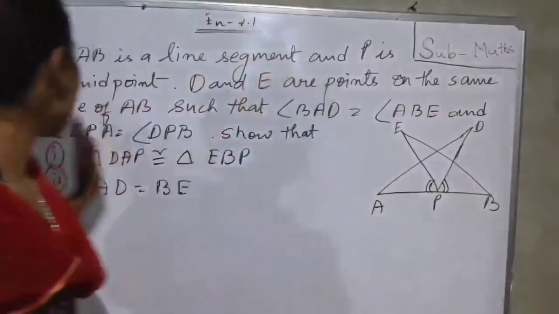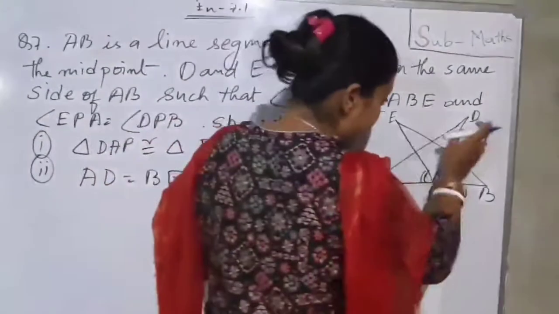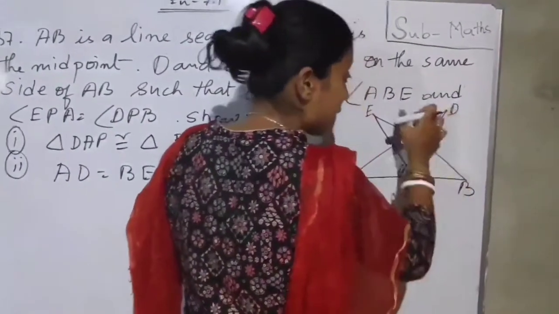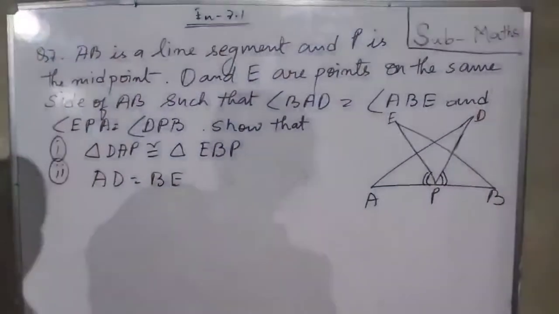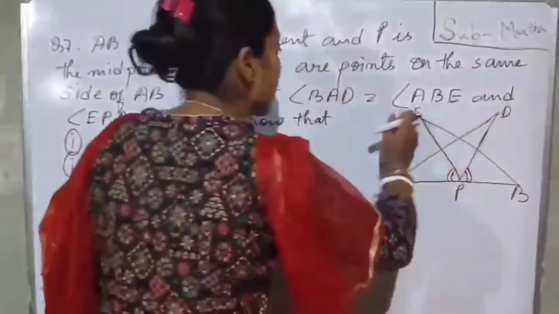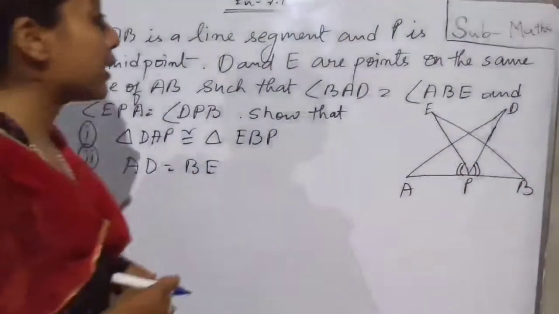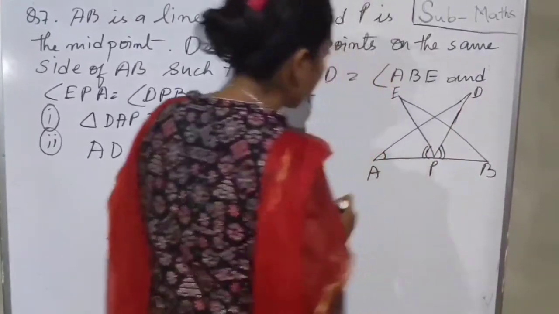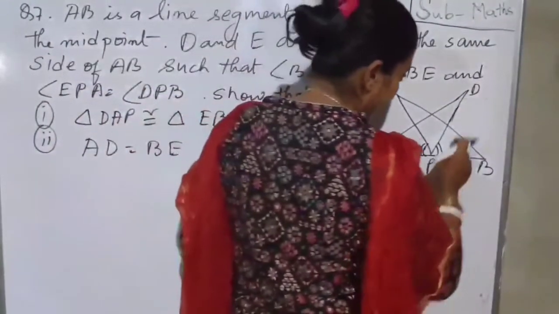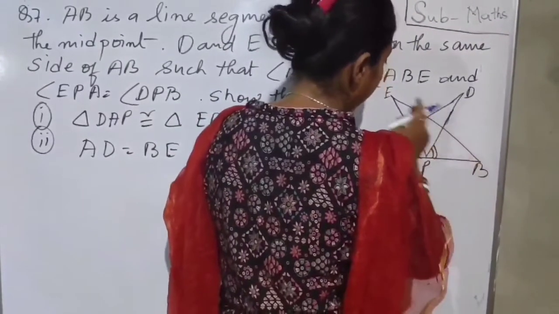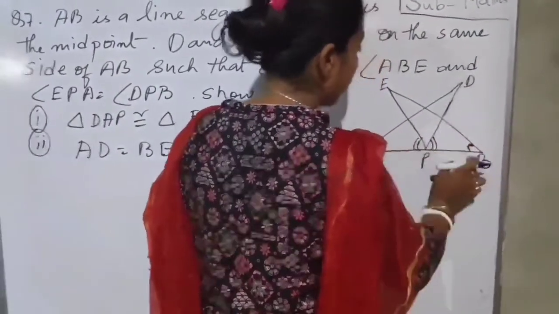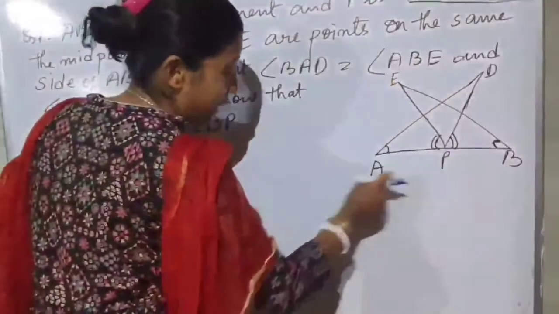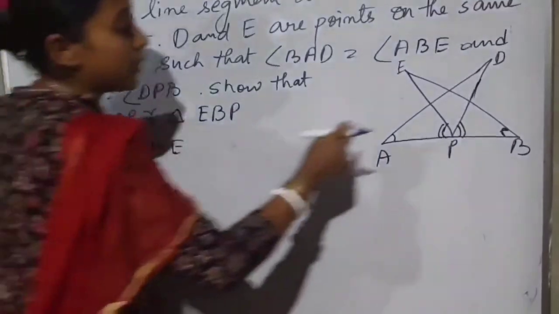D and E are the points on the same side of AB, above the line segment AB, such that angle BAD is equal to angle ABE, and angle EPA equal to angle DPB.